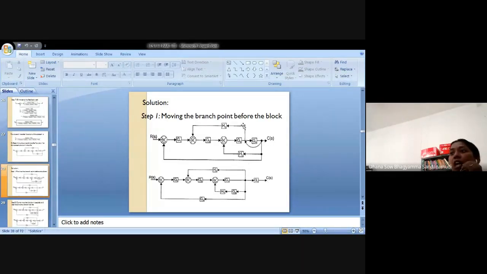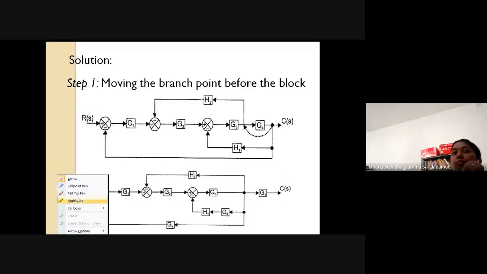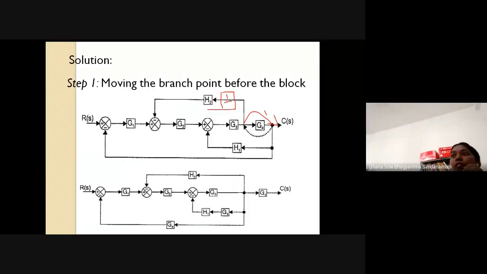If it is moved ahead, for example, if this branch point moves this side, then a block will be introduced here whose magnitude will be equal to 1 by G4.